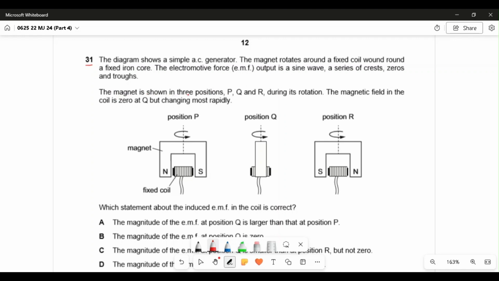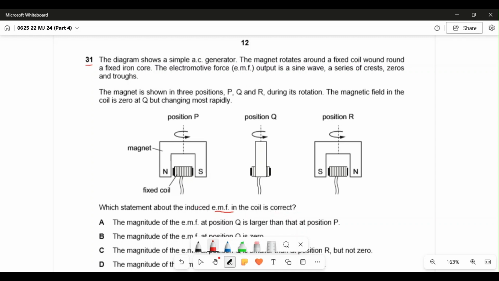The magnet is shown in three positions P, Q, and R during this rotation. The magnetic field in this coil is zero at Q, but changing most rapidly. Which statement about the induced EMF in the coil is correct?